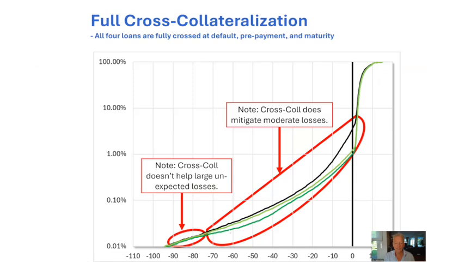But when there are extreme losses, again, there is no help or benefit from the cross-collateralization. Simply when it really hits the fan, there is no help. But in the mid-range where you have moderate to normal losses, you have a clear improvement from cross-collateralization.